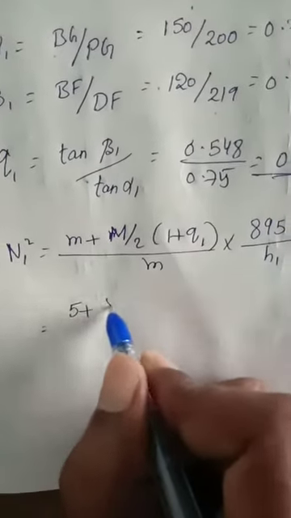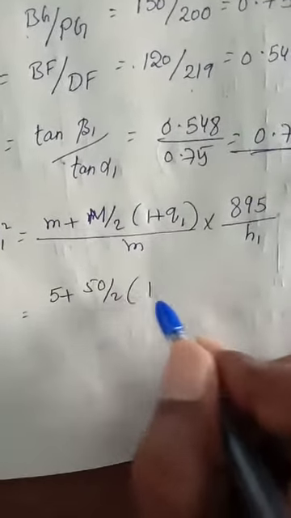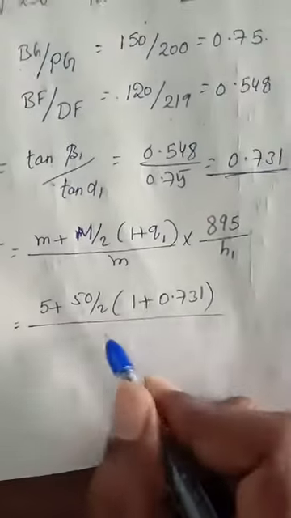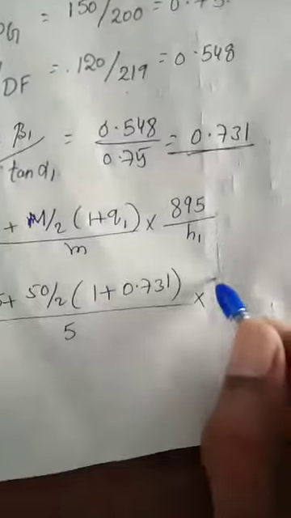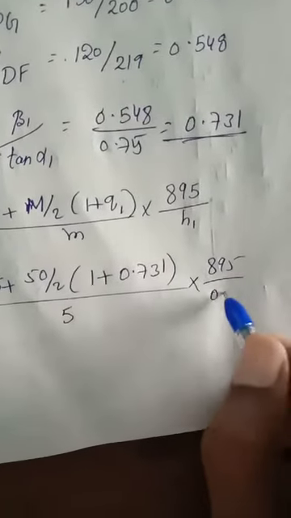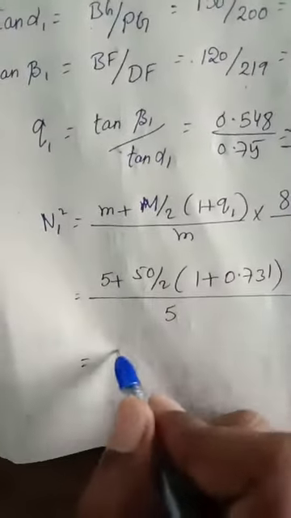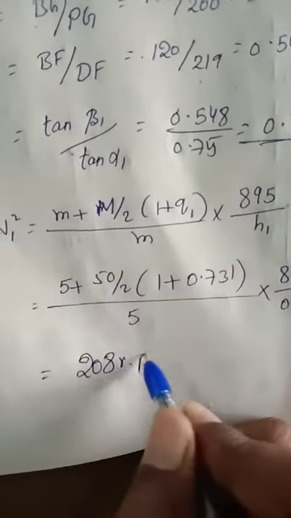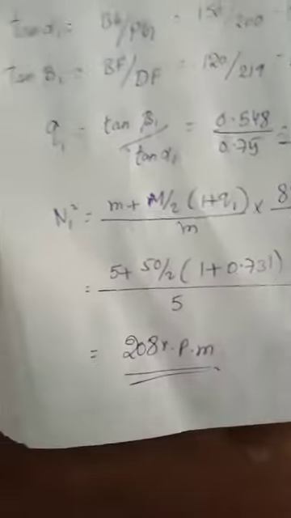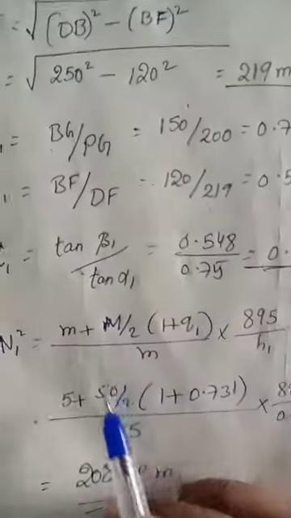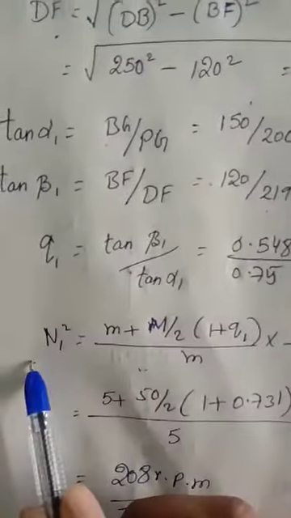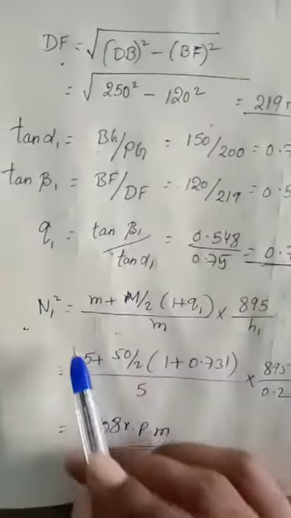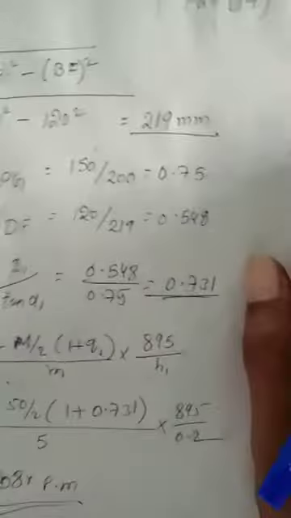So substitute all the values in here and solve this, we will get approximately 208 rpm. So these are all things we know very well. N1 square is equal to this equation. In the Porter governor we solved it in the derivation part.